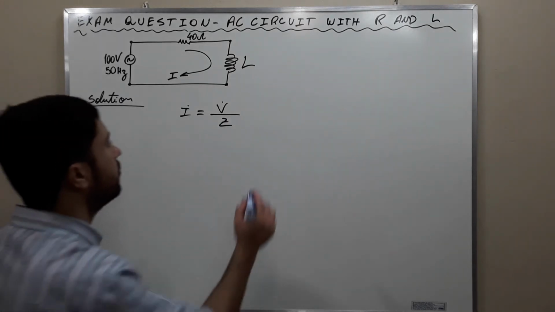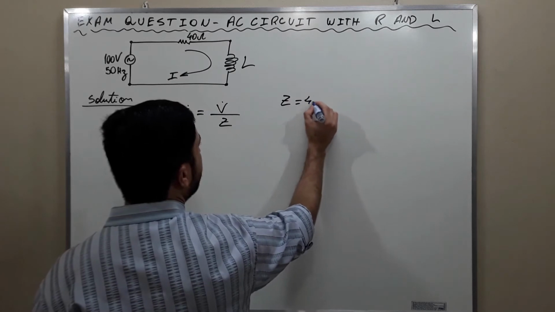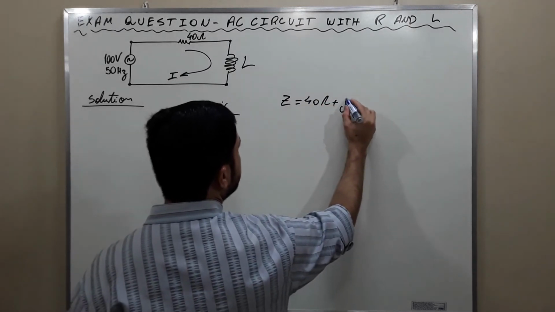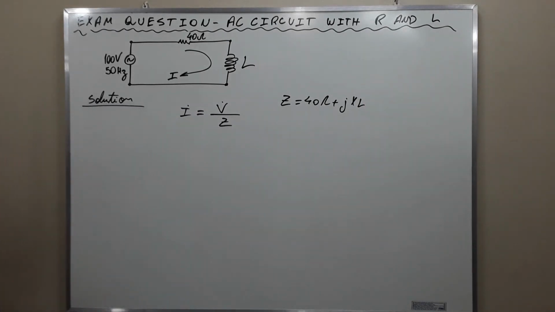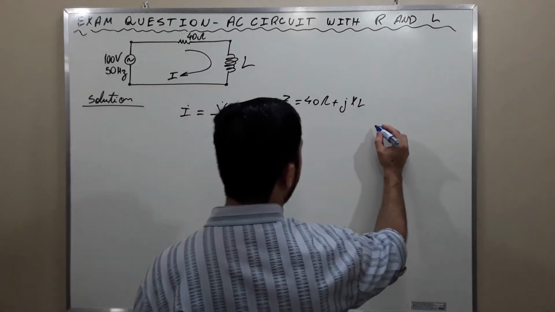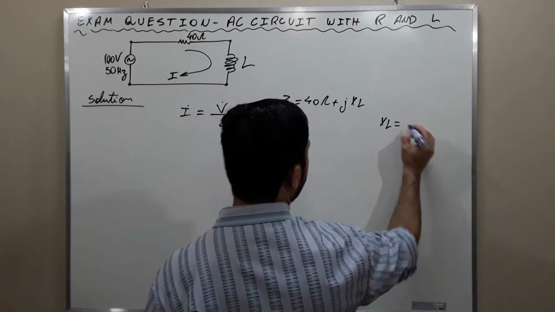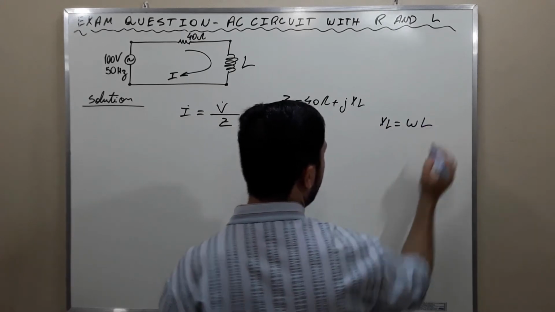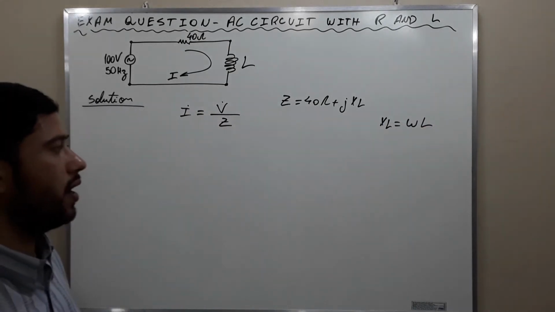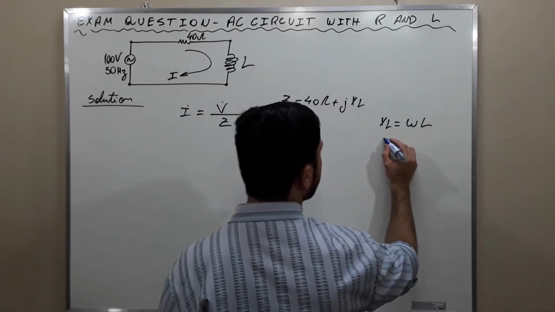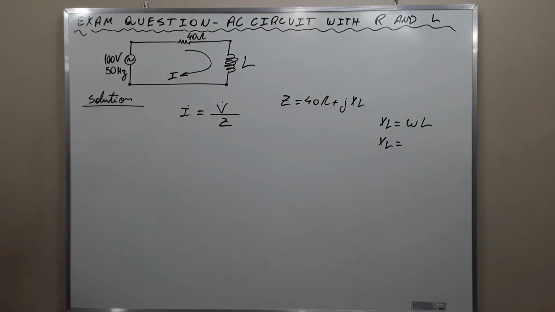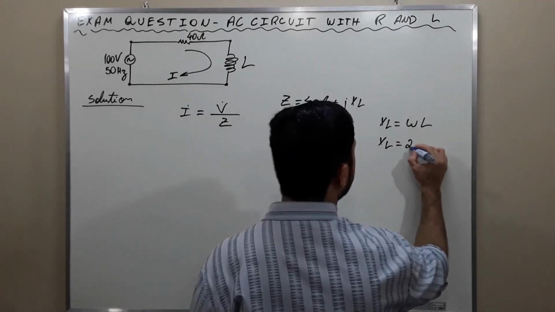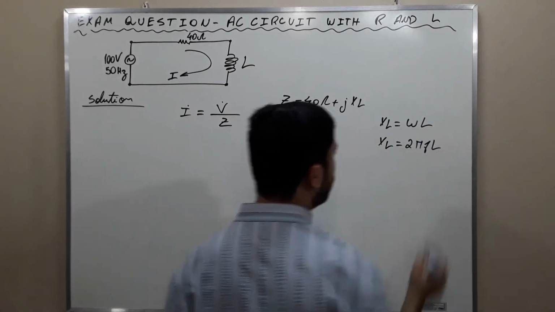But now the impedance is equal to 40 ohms plus j XL. XL is the inductive reactance. And XL is equal to WL, where W is equal to 2 times pi times F. 2 pi F L, okay?